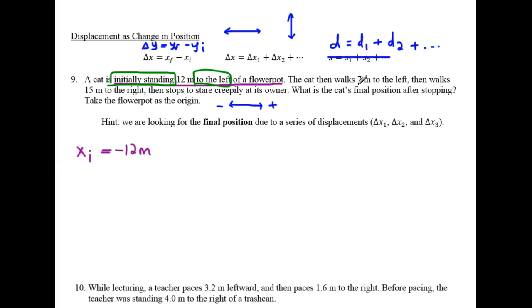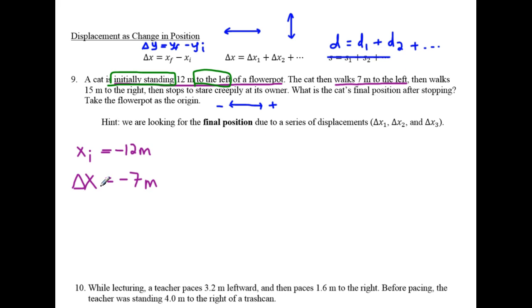Then the cat walks 7 meters to the left. You see the word walk? That means this is a displacement. It's a displacement on the x-axis because we're dealing with the x-axis, not the y-axis. So what's the displacement? It's 7 meters to the left, they said. So I'm going to add a negative sign because it's to the left.